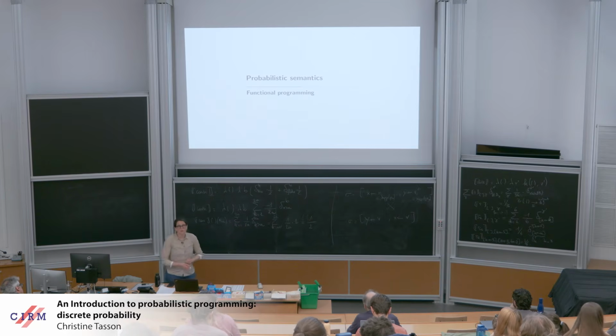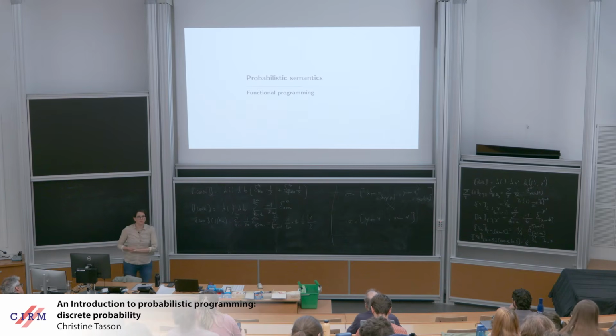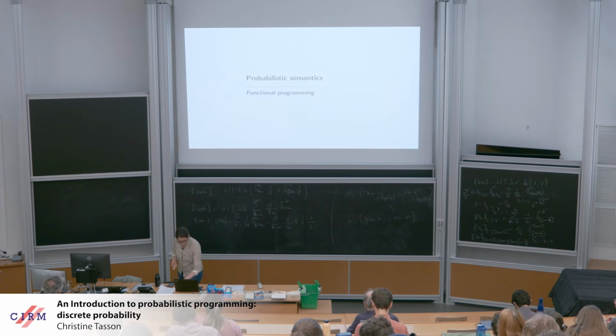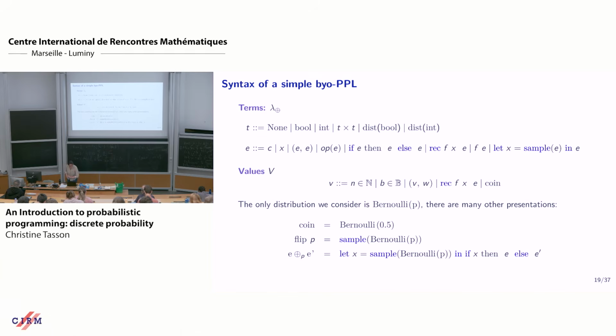Okay, so now for the end of this first session, we can move to a functional programming language. Some people will be happier with that, I think. I have a simple syntax for BioPPL, which is like this. The same types, but now in function style, and I have a fixed point operator, recursive functions.